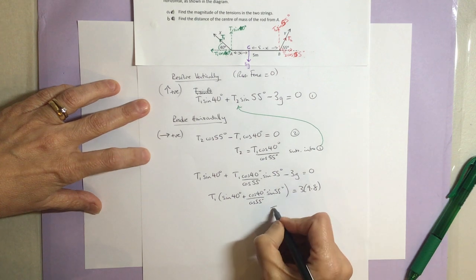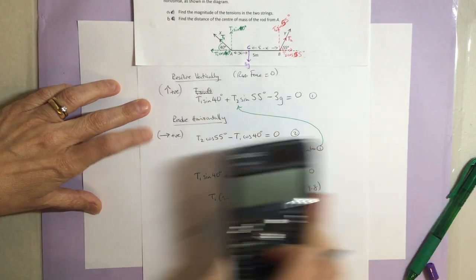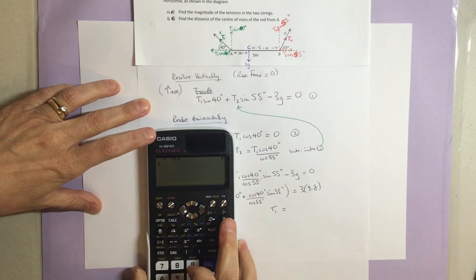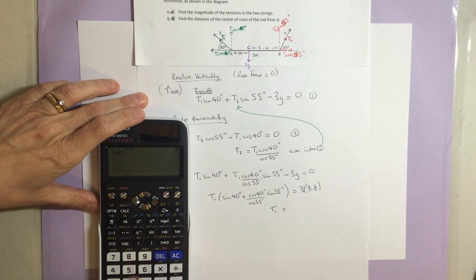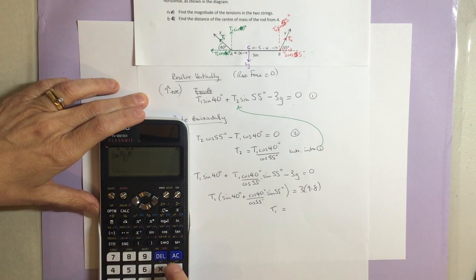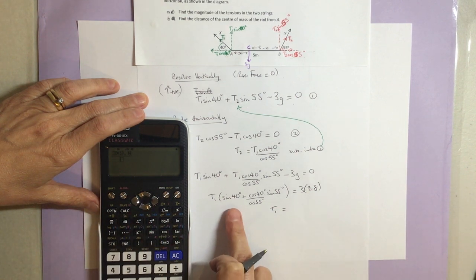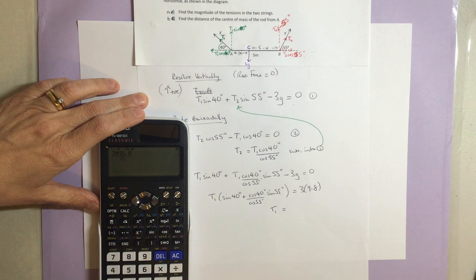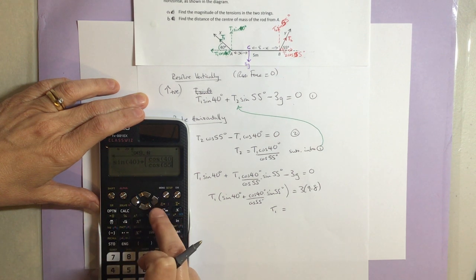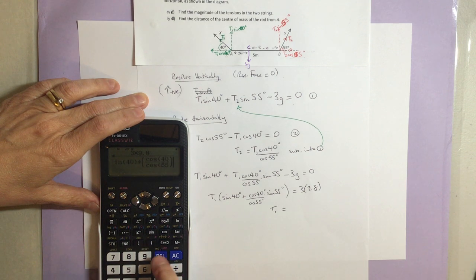So I'm going to work out T1. Let's just grab our calculators. So 3 times my 9.8, and then I'm going to be dividing that by all of this here. So sine 40 plus cos 40 over cos 55, and that's times by sine 55.